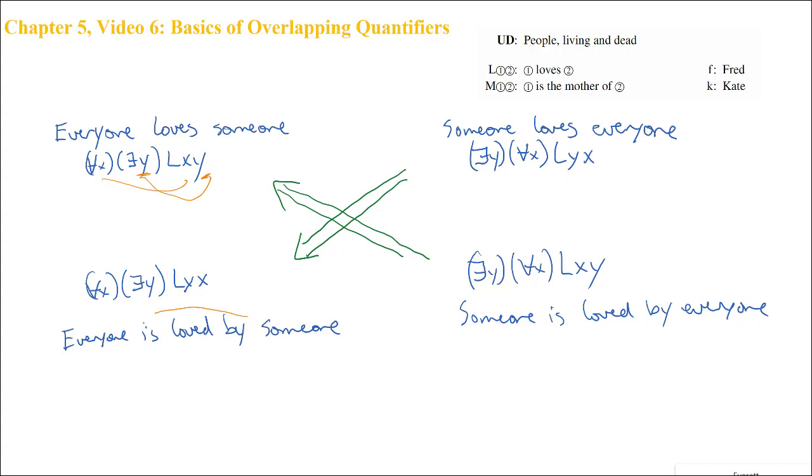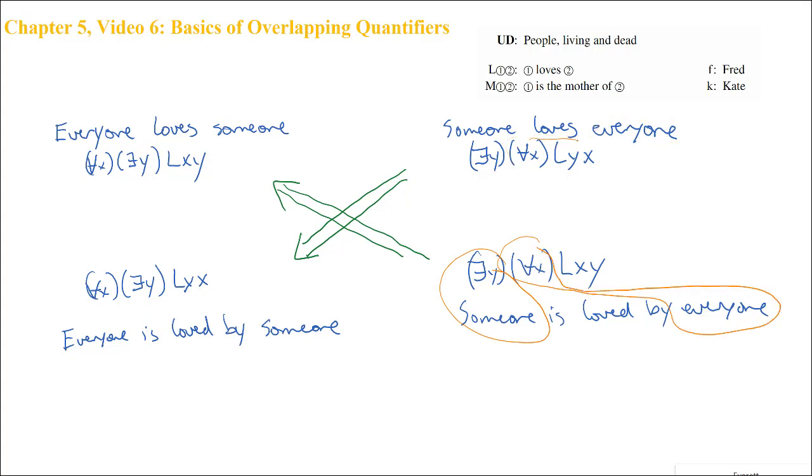But when we have the passive voice, we have the first quantifier moving into the second position and the second quantifier moving into the first position. And the pattern is the same here. We can read quantifiers pretty clearly off of the English.